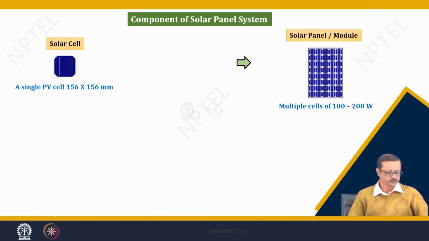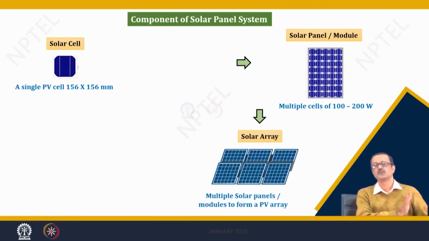Now, a single array is put on a particular rooftop or in some area where there is a series of solar panels, and all of that will harvest as per its rating, provided it is not hampered by shade and other issues.